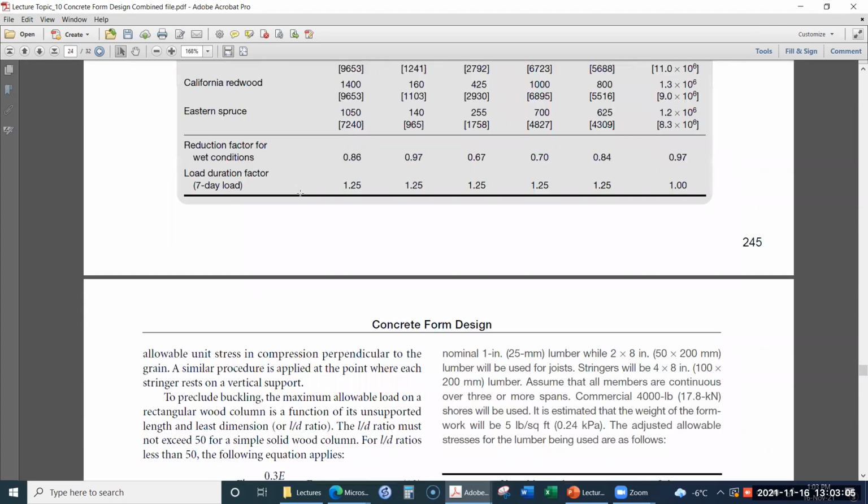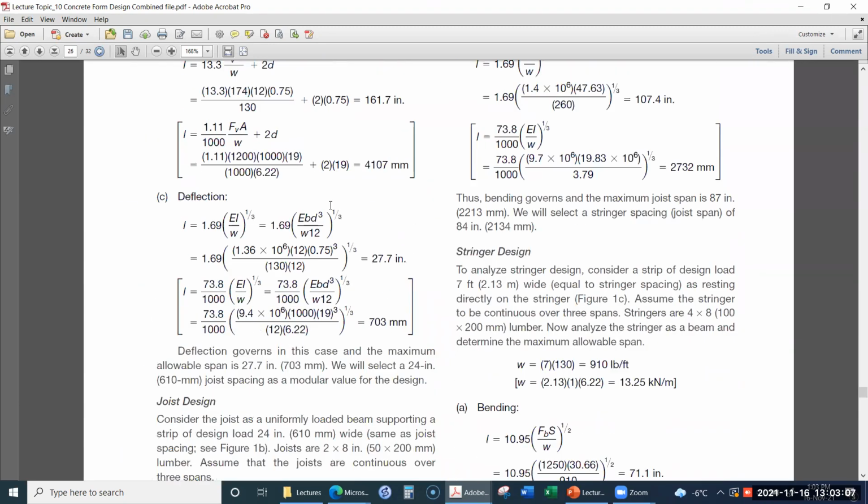The 73.8 over 1000 comes from the formula.